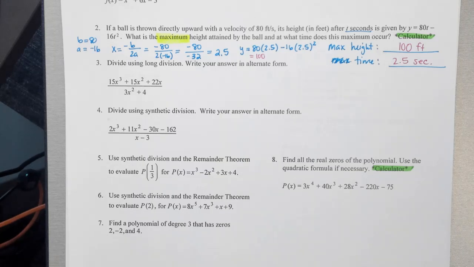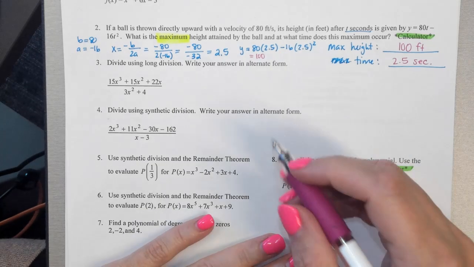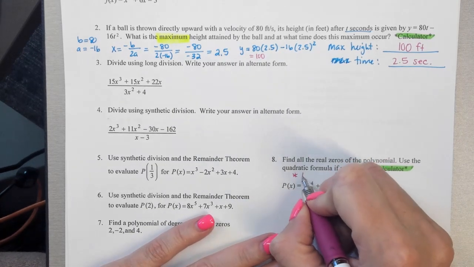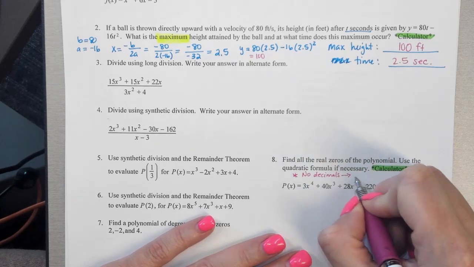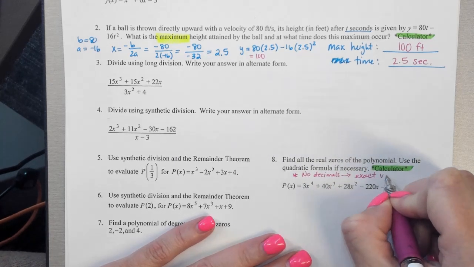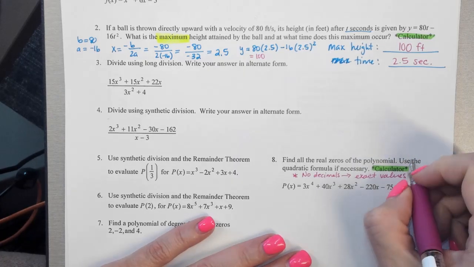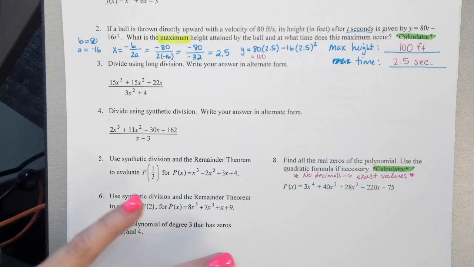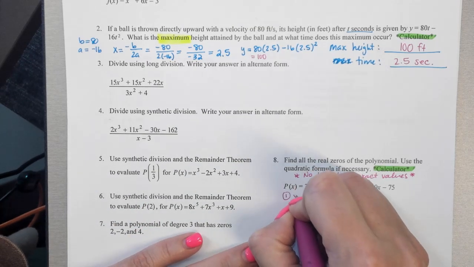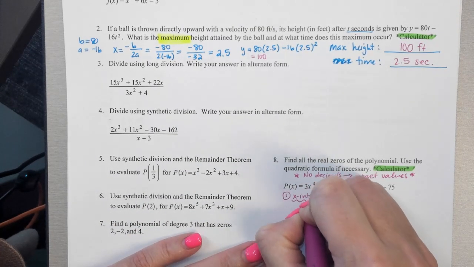For number 8, on your test it'll specify that there's no decimals. We're always going to write these as exact values. Okay, so you're not just going to find what they are in decimal form using the zero function. You have to be able to do that synthetic division. So your first step is going to be to find your x-intercepts.